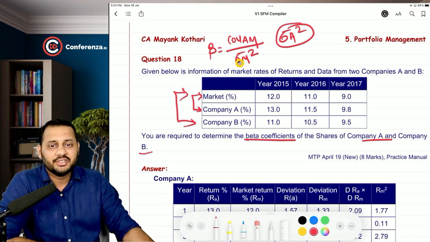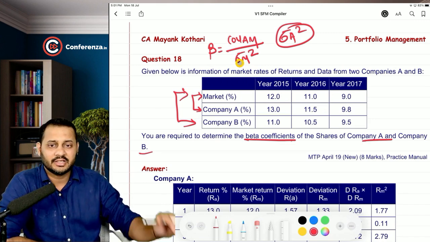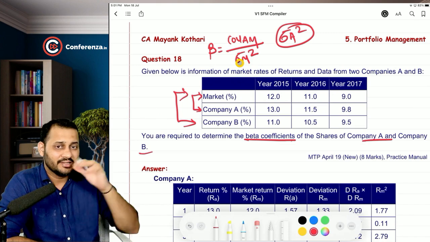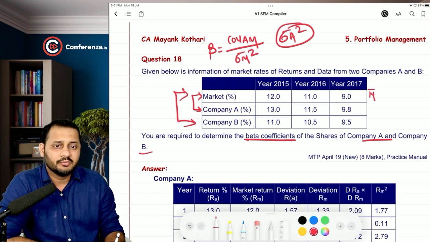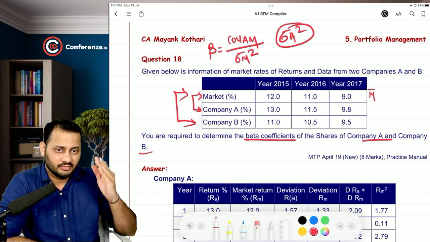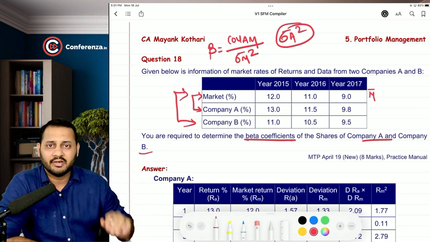Now, it's very easy to calculate the standard deviation of M square. What are you going to do? There is no probability in the question. So first of all, you calculate bar M, which is the total of all the 3 years, 15, 16, 17, and then divide by 3.